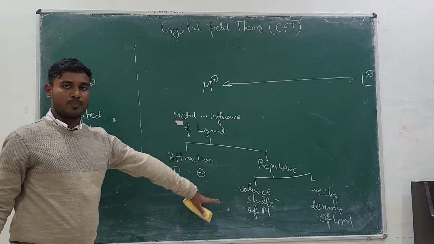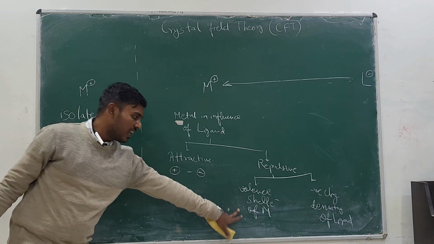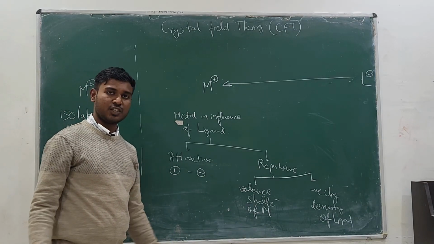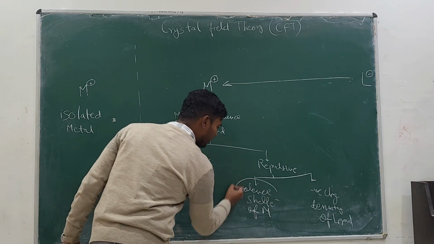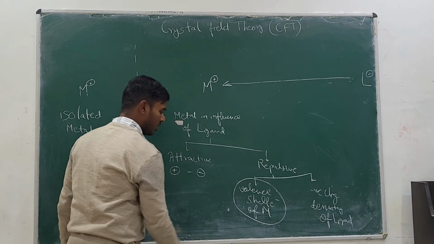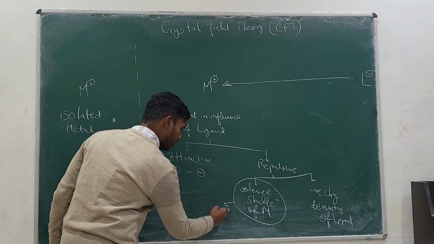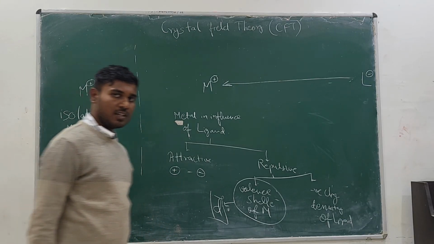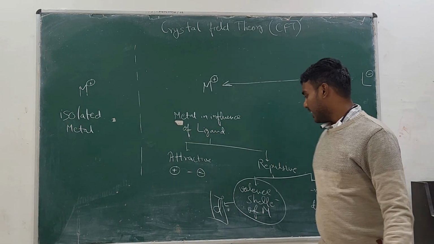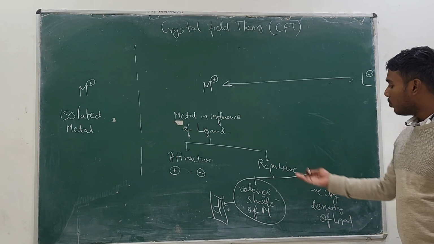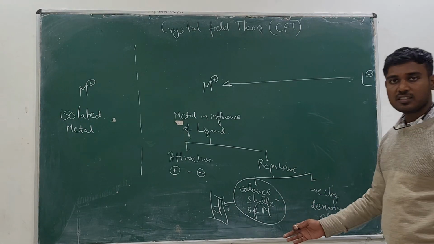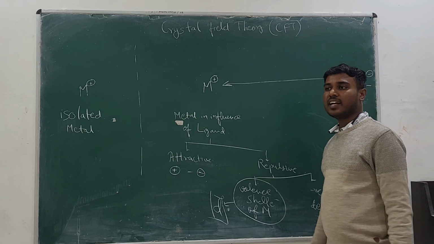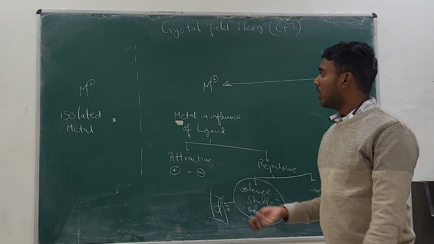So this is the repulsive type of forces, which is between the valence shell electrons of the metal and the negative charge density of the ligand. So which one is our valence shell in case of metal? Our valence shell is the d orbital. So now we will see how these repulsive forces direct our octahedral and tetrahedral complex formation.